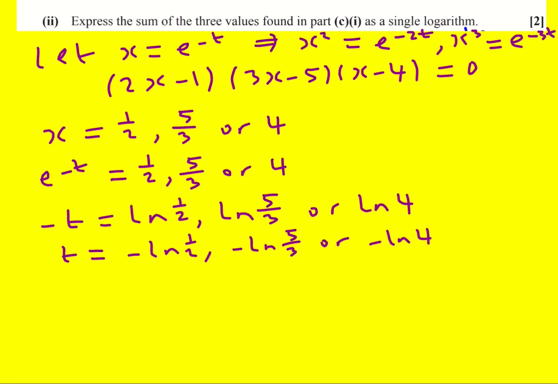I'm going to go one step further because it's actually not very neat to have a fractional log with a negative outside, because you can do the following. Minus ln x is actually equal to ln x to the minus 1, because I've used my third rule of logs to bring it up, which is ln 1 over x.